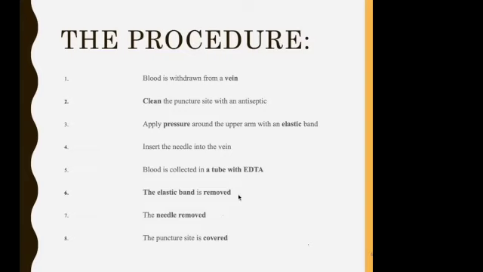I made all of this bold because I've seen this many times with people who are just taking their first blood sample. It seems that everything is intuitive, except for this. Whenever people start taking blood for the first time, they know that they need to look for a vein, and they have the small tissue to clean the site with an antiseptic, and they have the elastic band to understand that they need to apply pressure with it.